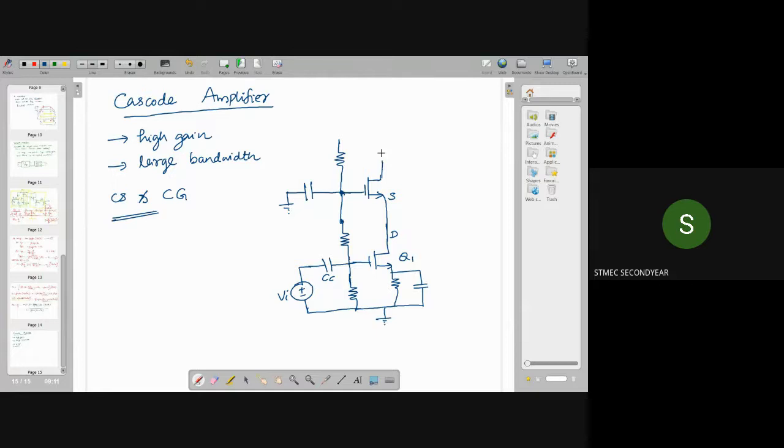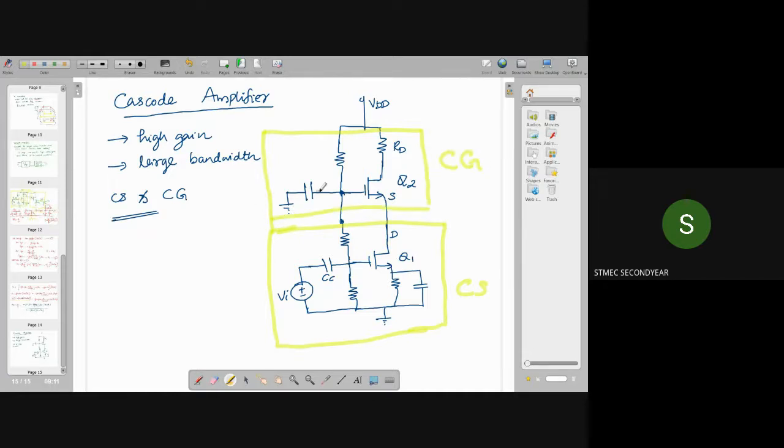And now to this terminal, you can connect the load resistor RD. Here you can connect the supply voltage. So this is a cascode configuration. In this cascode configuration, this part is the common source amplifier, and this part represents the common gate configuration.